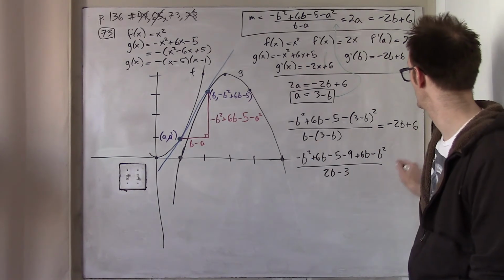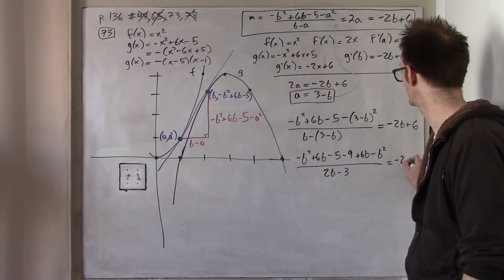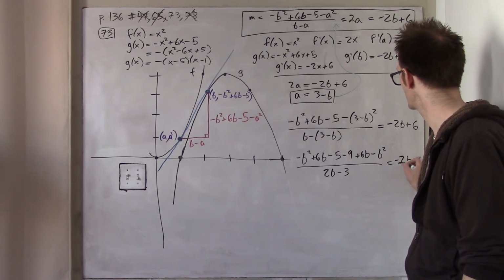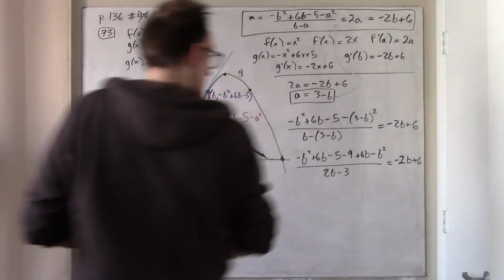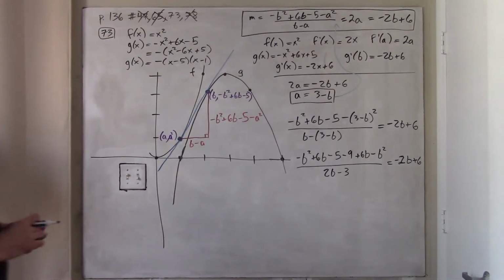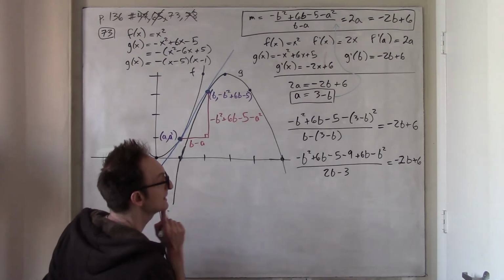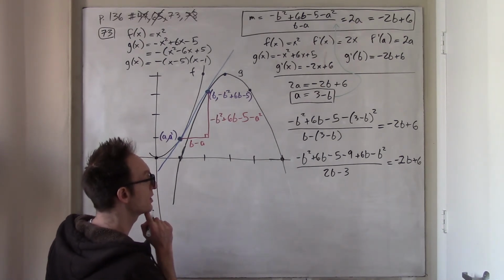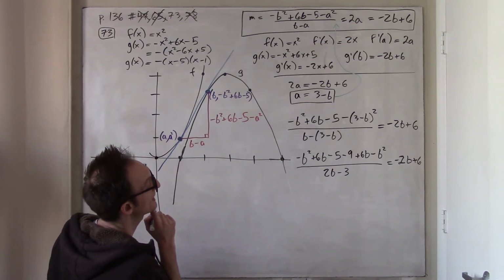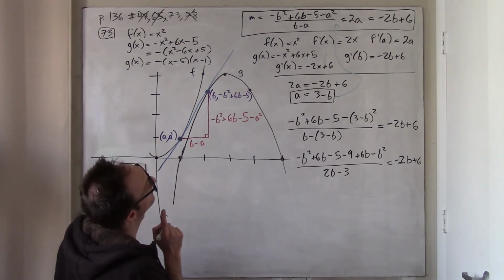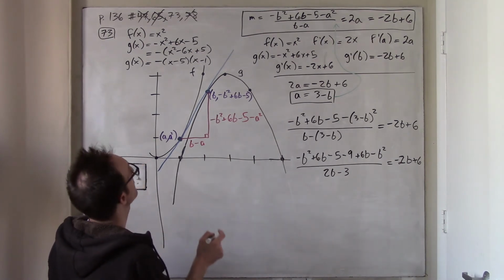So that's 2b minus 3 equals negative 2b plus 6. I'm having some space problems, but I think this is pretty clear so far. Okay, can I simplify this left-hand side at all? Yeah, I guess so. I haven't made a mistake yet, I don't think.